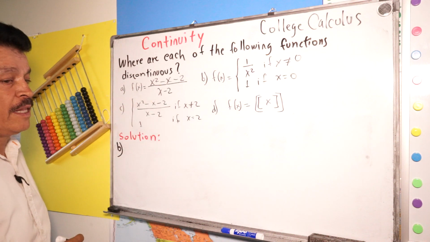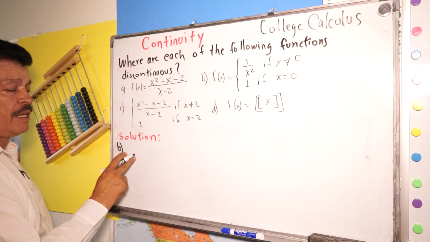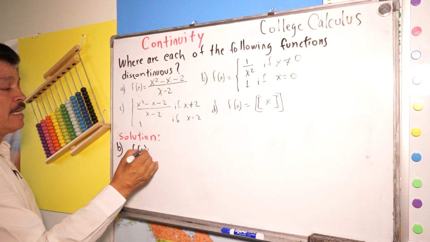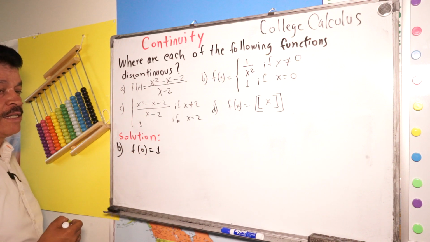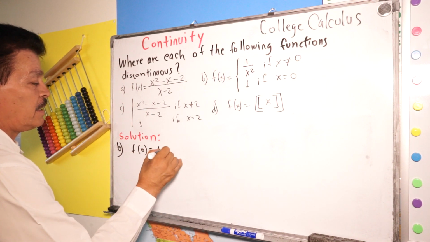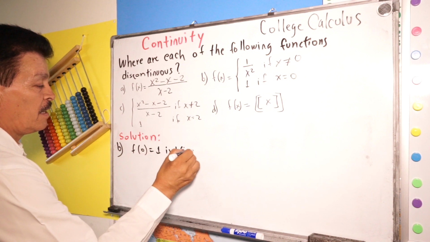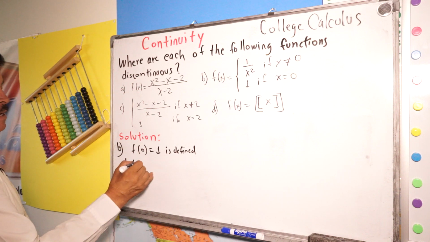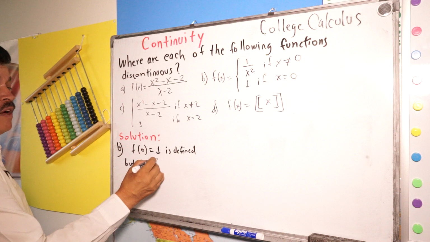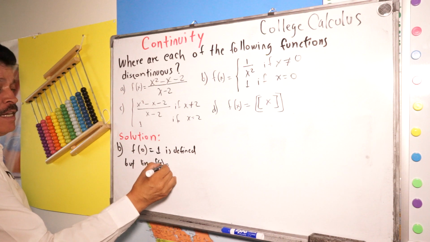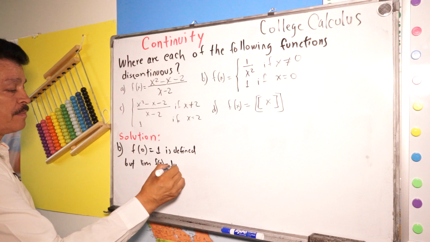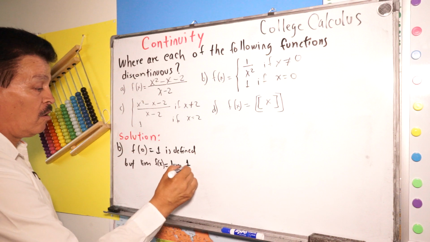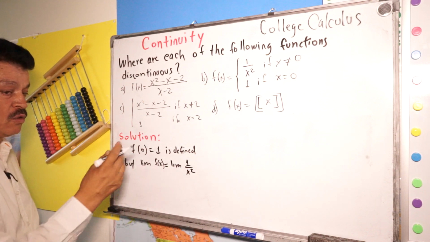What is going on over there? Here, right here in number B, you have f of 0 equals 1. It is defined. But the limit of f of x is equal to the limit of 1 divided by x to the second power, when x approaches 0.